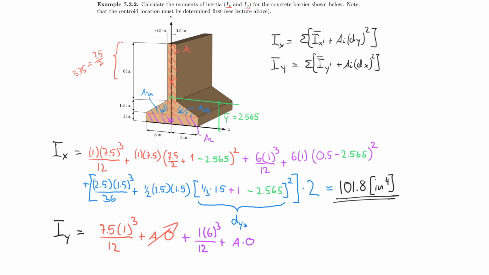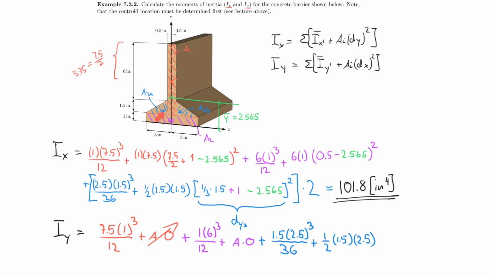But now we're dealing with the triangle, and that will become a little bit more interesting. So what is the base now? The base is 1.5, 1.5. The height is 2.5 cubed divided by 36, plus my area, 1/2, 1.5 times 2.5. And now the distance.